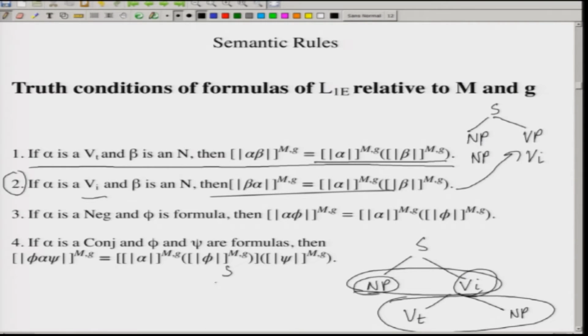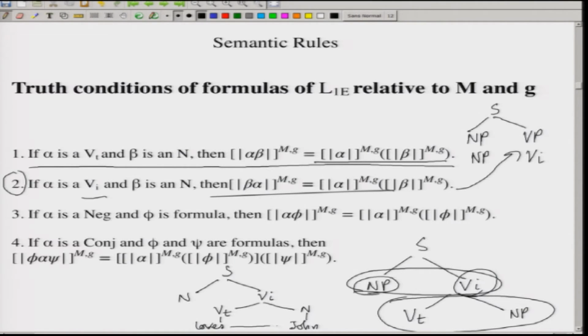So, the structure once again: S goes to NP, or in this version of the logic just N. So, S goes to N and VI, VI goes to VT and N, and the terminal node of VT is "loves," and the terminal node for N is, in this case, John.